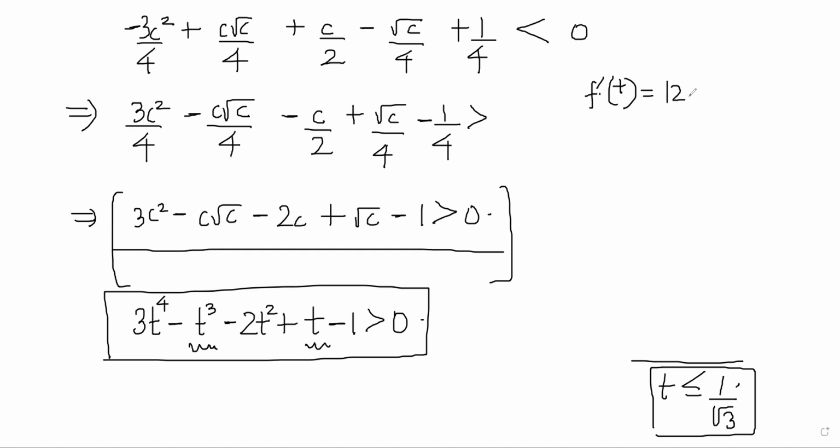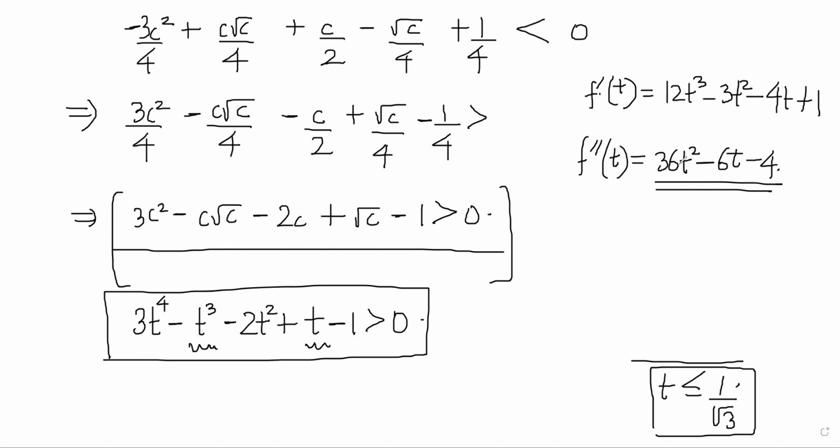We have 12t cube minus 3t square minus 4t plus 1, and the double derivative is becoming 36t square minus 6t minus 4. So this double derivative is having two real roots. t goes from 0 to 0 is less than t is less than 1 by root 3. In this region, the double derivative is what?